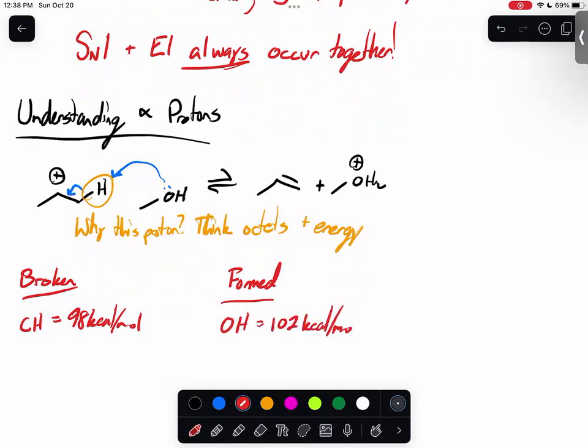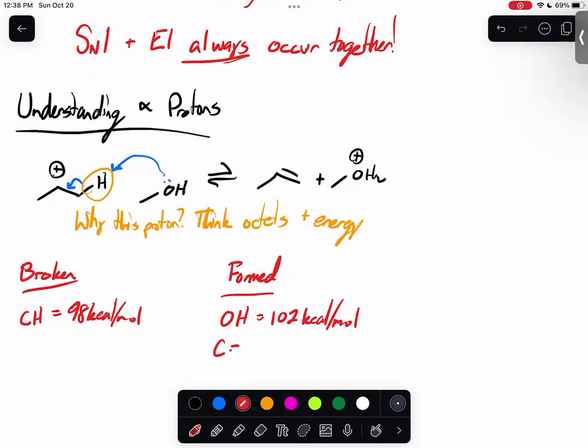And so if it ever grabs a hydrogen, it will give you some stability. But the thing is, you need the alkene to be formed. Because remember, when we're talking about this entire process, it just came out to barely exothermic. And the reason is because we have to have this C double bond C that gives us that extra 65 kilocalories per mole of stability.